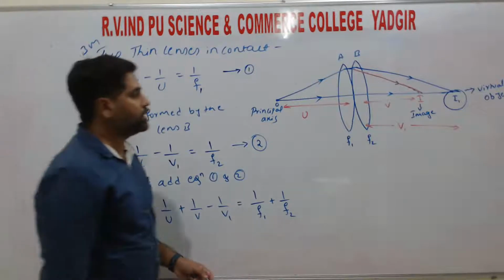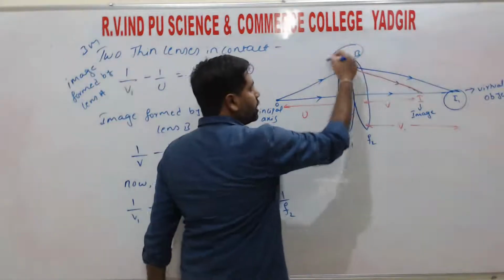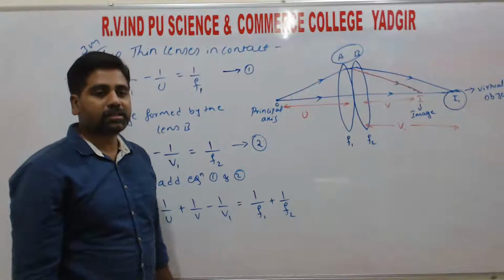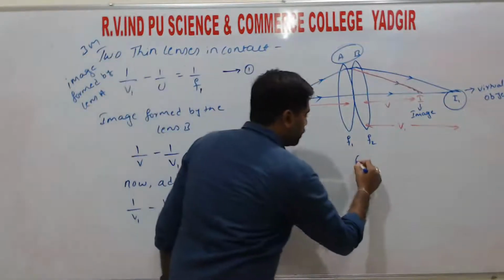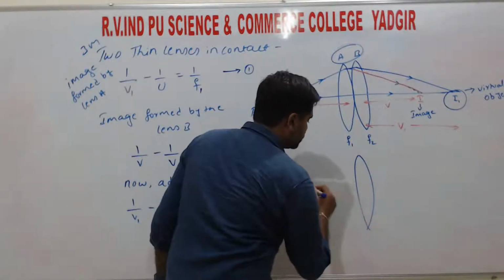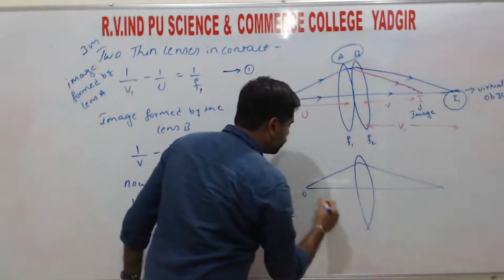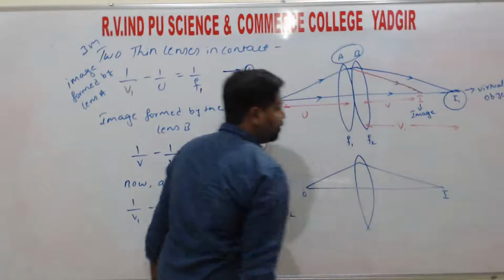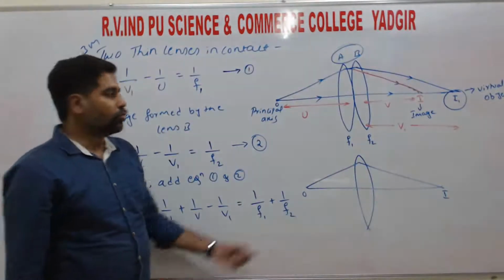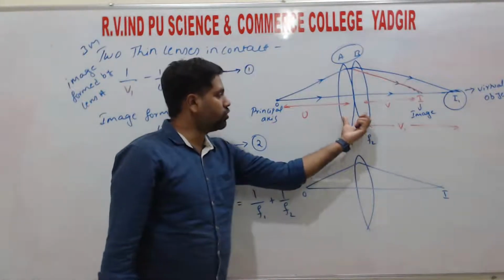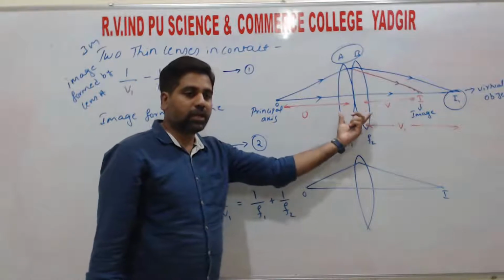If we consider this combination AB of two lenses as a single lens, that means an equivalent lens, here is the object and here is the image. This lens is equivalent to the two thin lenses which are in contact.